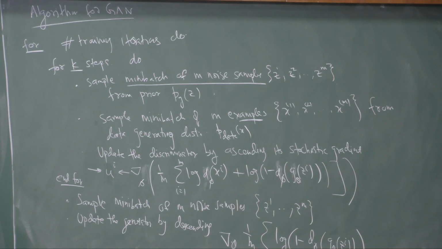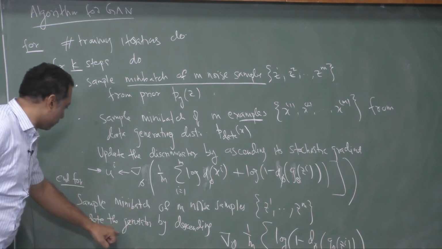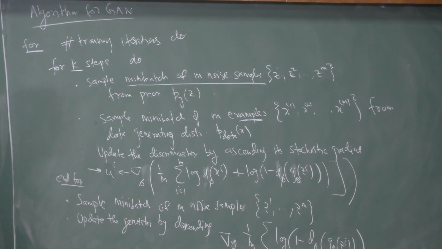For the generator, you need only the noise samples, because the generator only needs access to gradients with respect to theta. While computing the gradient, it only needs this term here. So you sample m noise samples, and in this case you have to descend because it's a mean over theta.